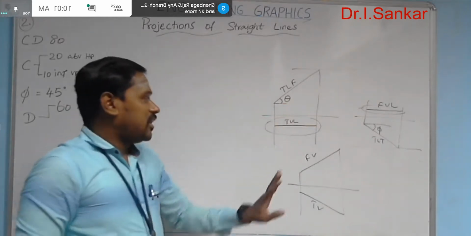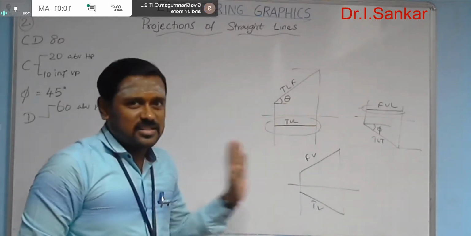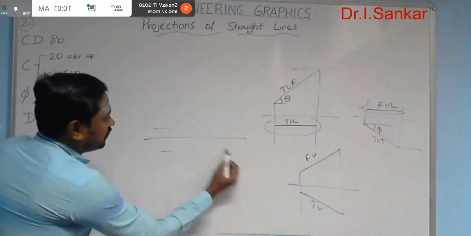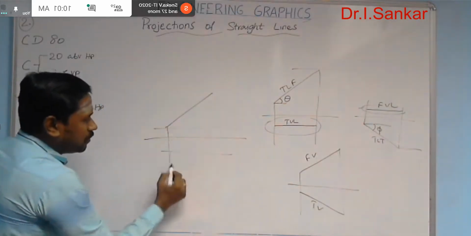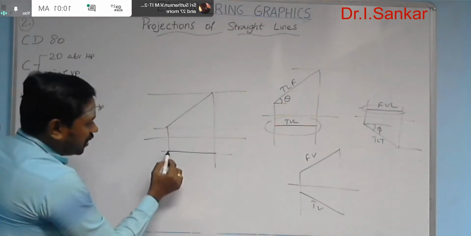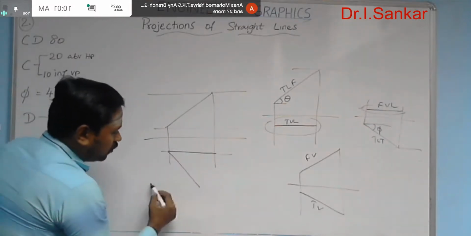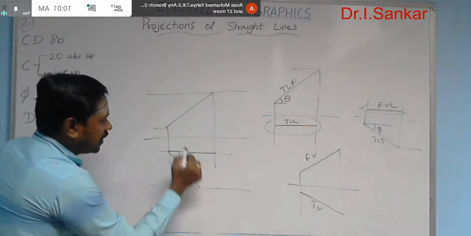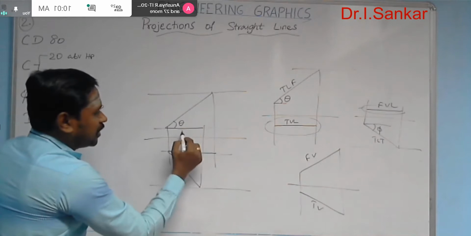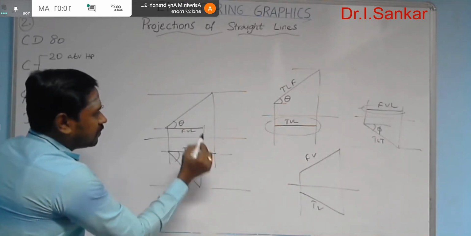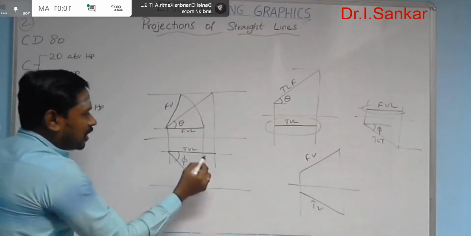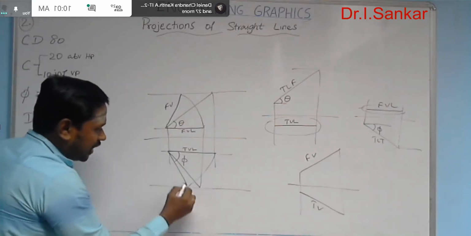So these are all the various lines in the ultimate answer. Once you consider the template, true length in front view, top view length along with the locus, and the true length in the top view with the phi angle and here with the theta angle, with the front view length, the front view length will rotate and give you the original front view and the top view length will rotate and give you the actual top view.